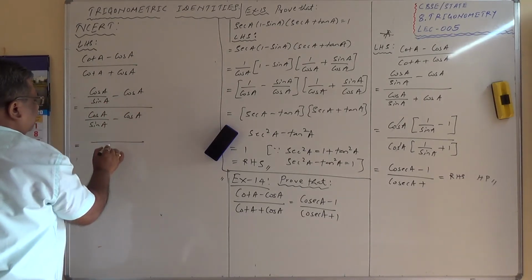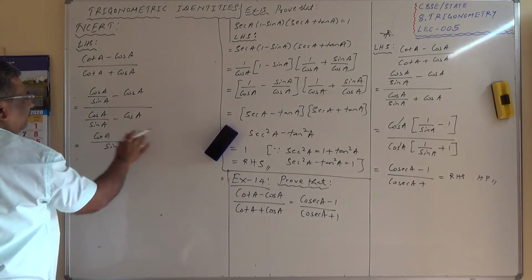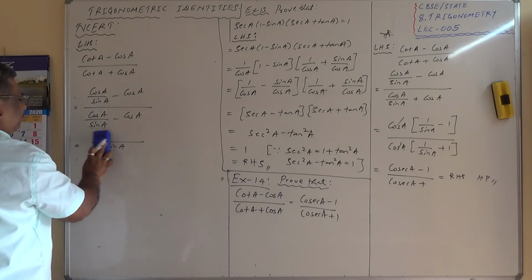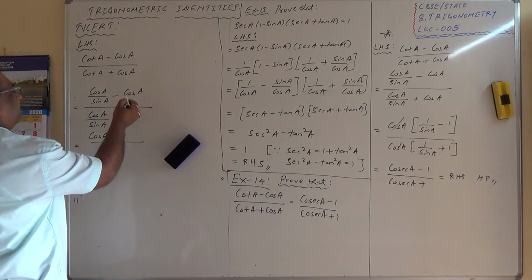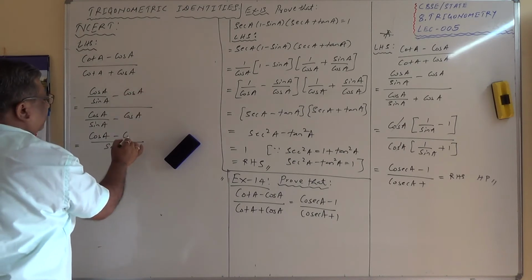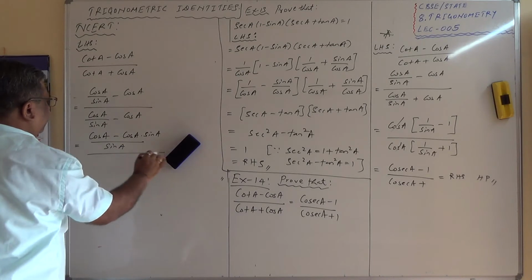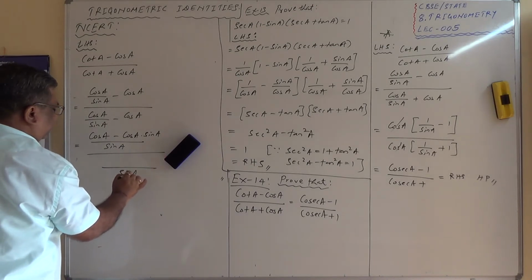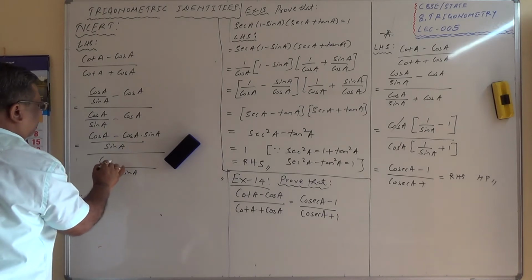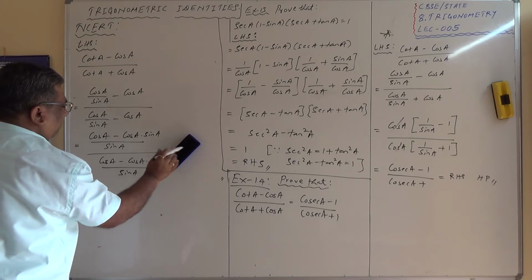LCM here is sin A, and this will be cos A minus cos A into sin A, the whole divided by LCM sin A, cos A plus cos A into sin A.